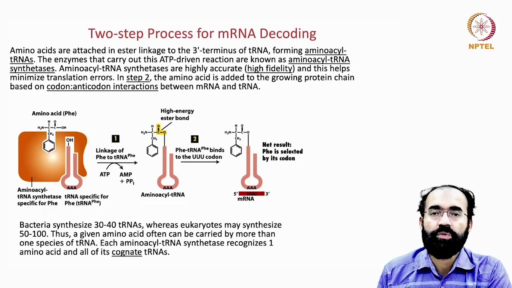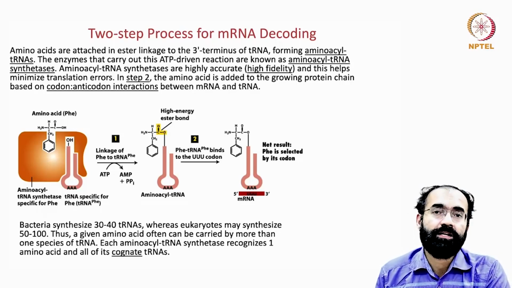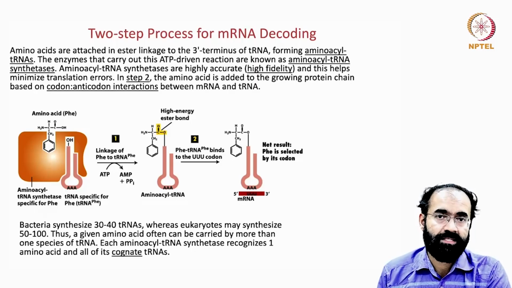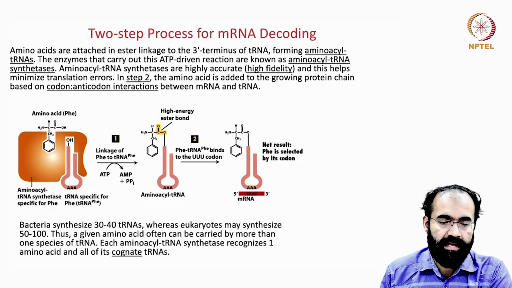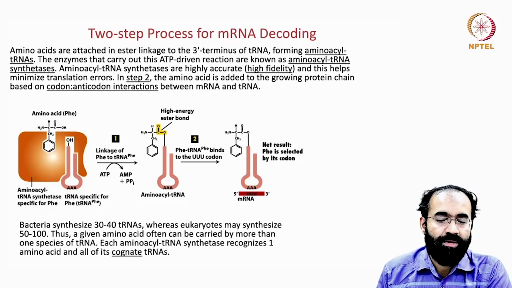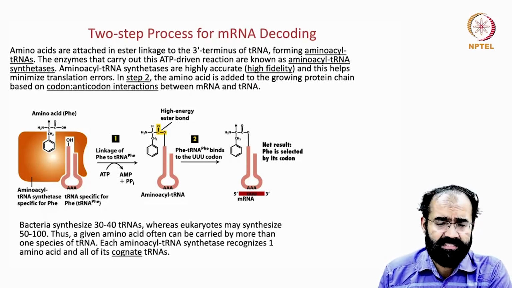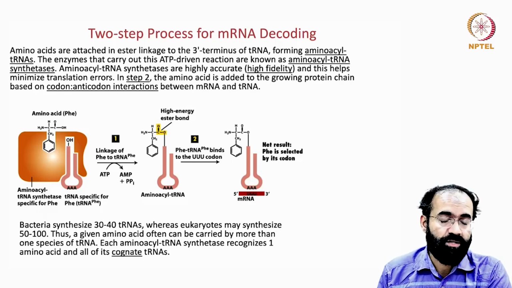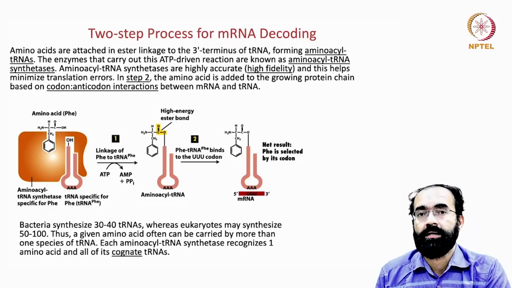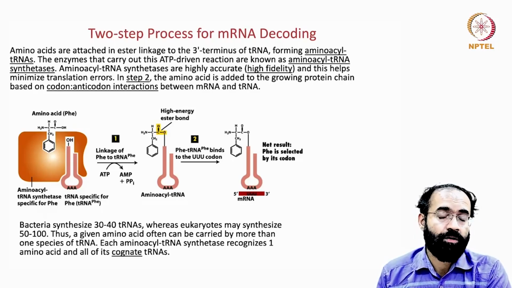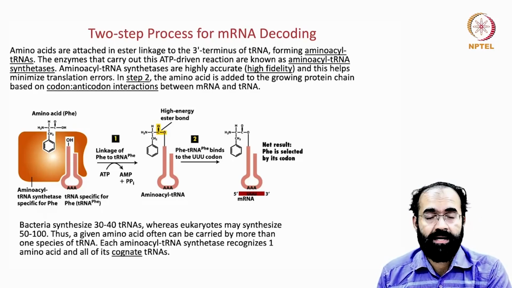tRNA is produced in the nucleus, undergoes maturation in the cytoplasm, and also gets amino-acylated so that this tRNA gets ready. Amino-acyl tRNA synthetases are highly accurate because they cannot randomly catch hold of some amino acid and add it to a given tRNA.